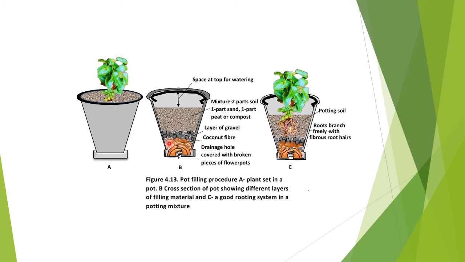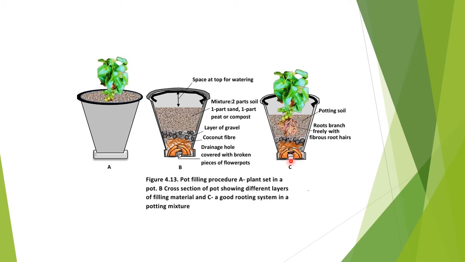Then you put a layer of gravel there, and this is your pot mixture, which can be 2 parts pot soil, 1 part sand, 1 part peat or compost. This area is kept as a space at the top for watering. And then you take a plant and put it in, and the roots should be spread here.